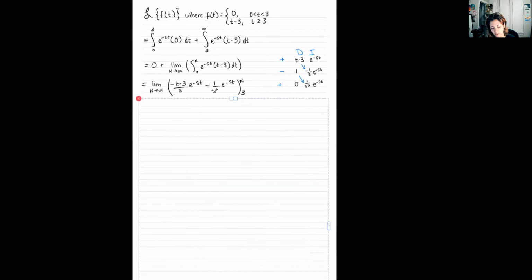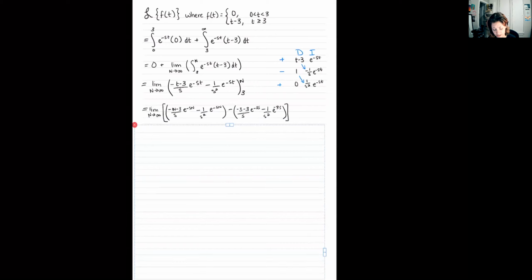So continuing on, I went ahead and took our integral. We plugged in n and we plugged in 3, so that's why we have two separate parentheses now. So we've got negative n minus 3 over s times e to the negative sn minus 1 over s squared e to the negative sn, and then minus our second part, which is the same thing, just plugging in 3.